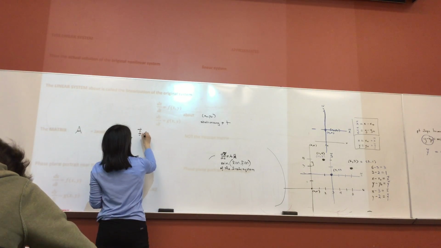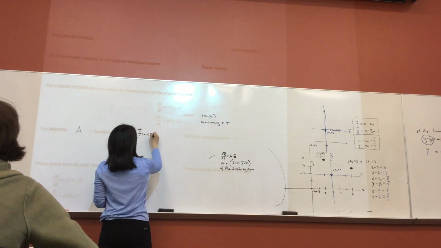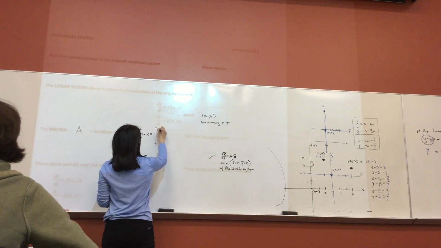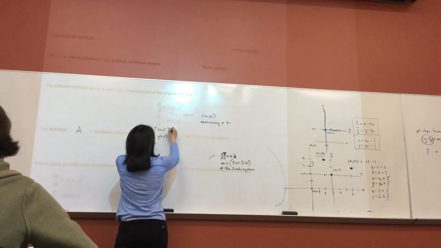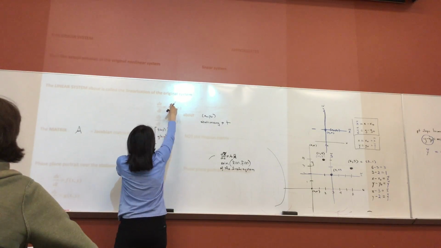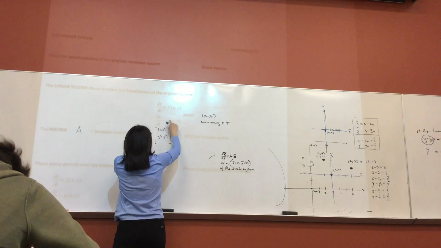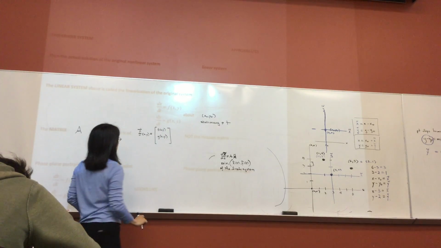So this is f of x, y, g of x, y, okay? So this f is not that f. These are the two, this is the f, this is the g, right? So what we have is this guy right here.